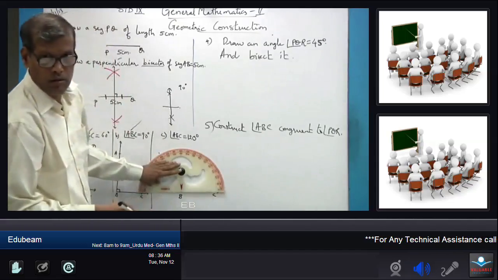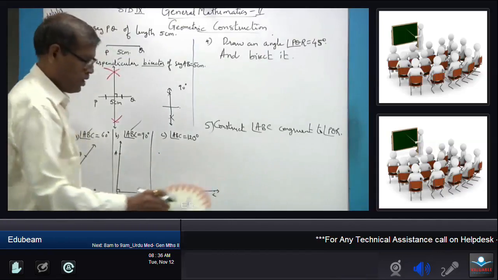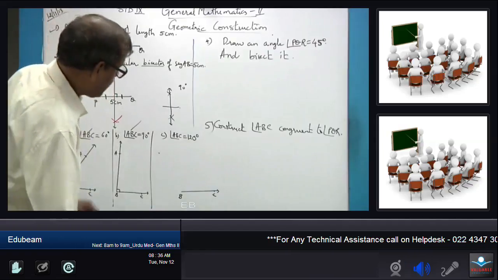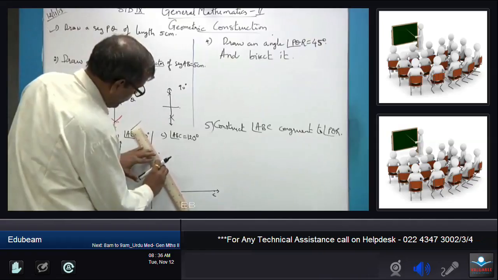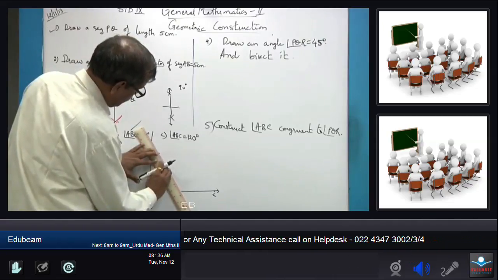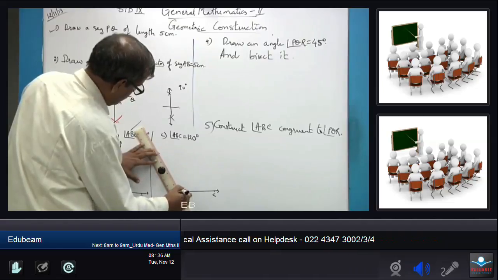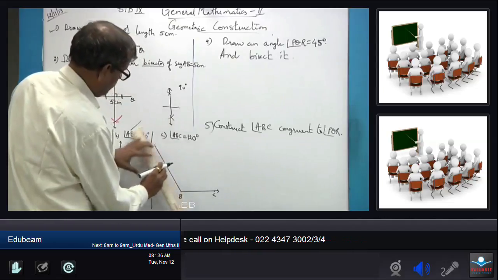You're going to keep it here and cut it. See where the cutting is, both of them. See where the dot. The two arcs meet here. Join this one, and that will be your bisector.